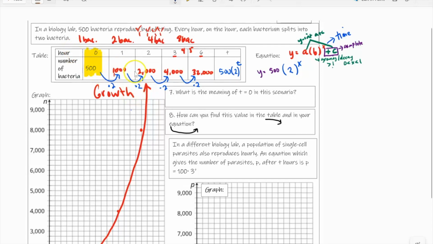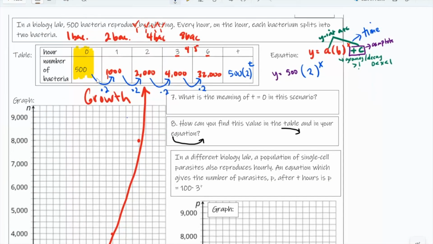All right, so there are so many ways you can write this, right? So I can say what's happening when t is equal to 0. At 0 hours, the number of bacteria is 500. I can say when in the biology lab, when I start, I start with 500 bacteria. I can say before any time has passed, I have 500 bacteria. There are so many different ways that you can write it. So go ahead and share yours with me.